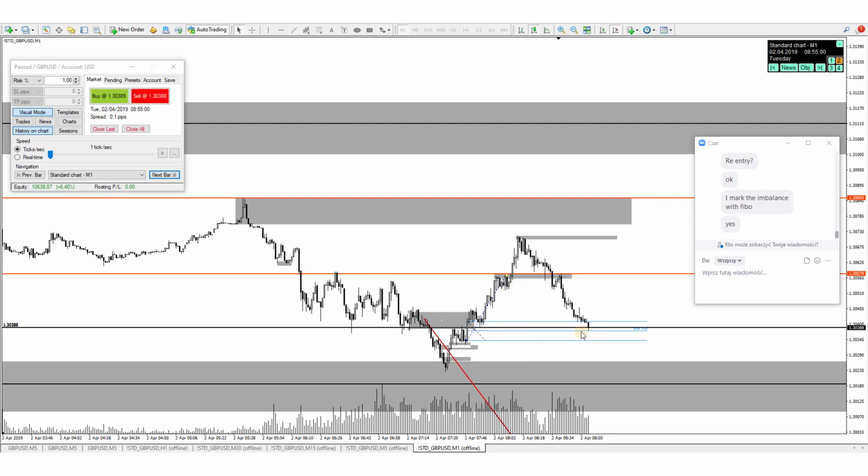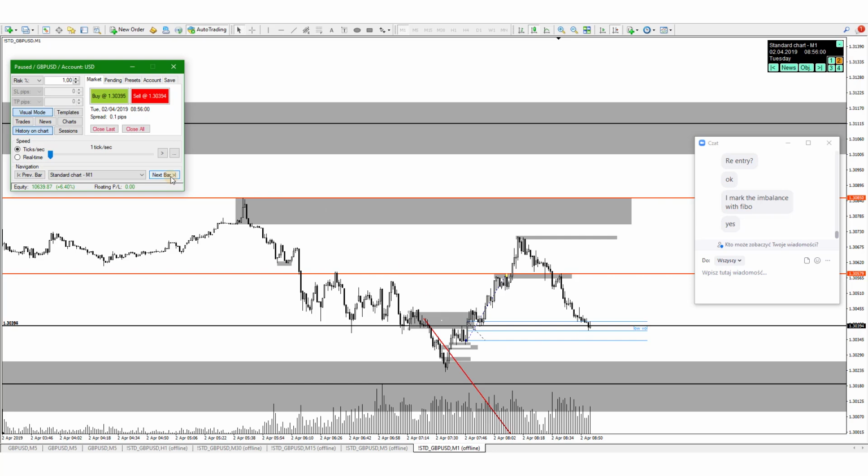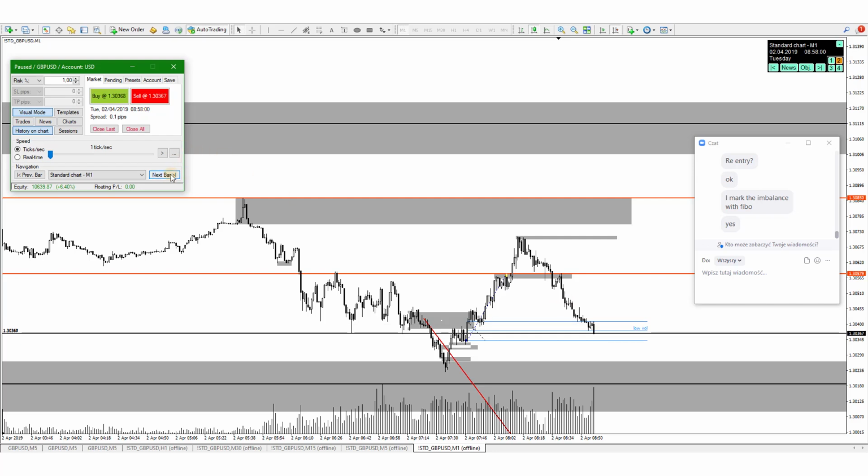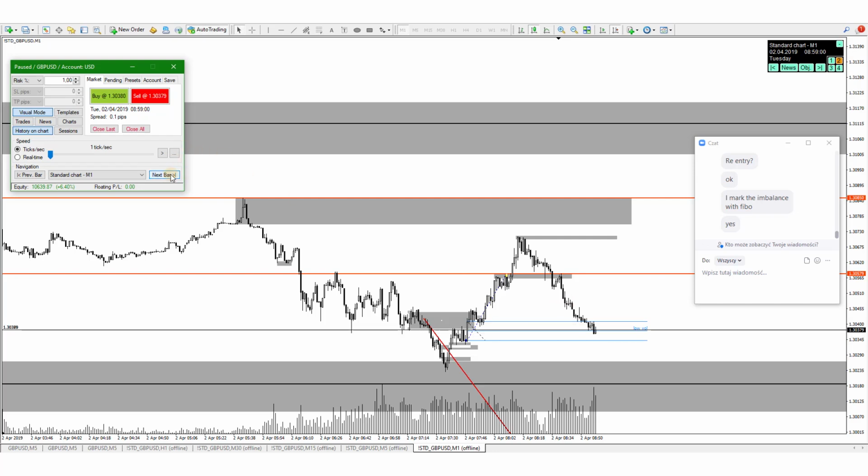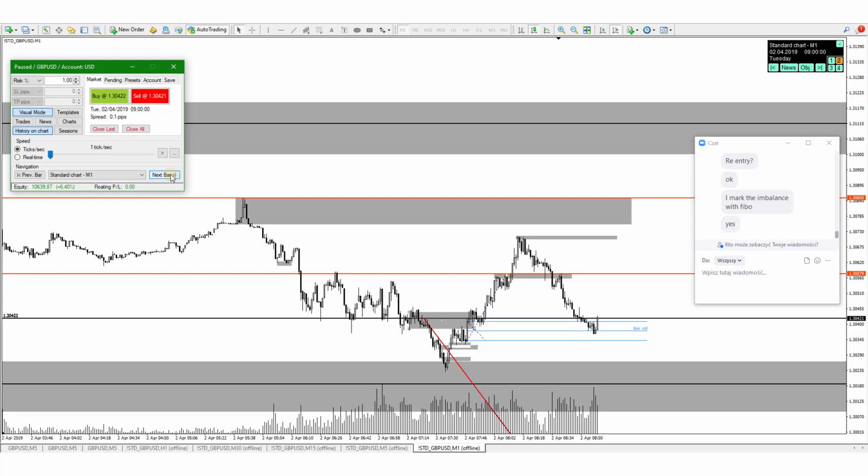So I agree, I would be looking if the volume wants to invite me or not, because it perfectly just kissed the 50%, and boom. Interesting.